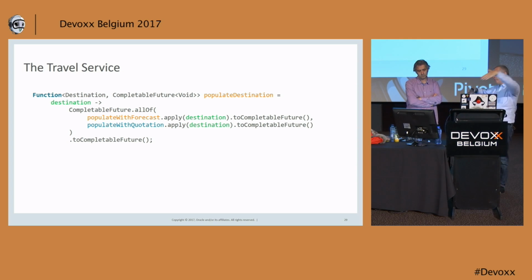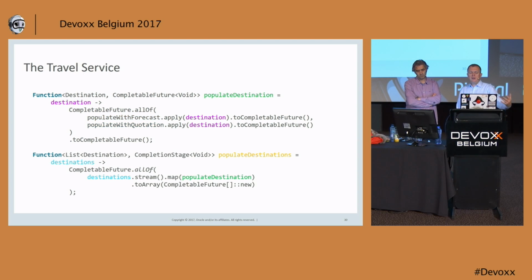We are on the 2 then 1 branch of the graph we just drew a few minutes ago. Right. So this is really our final function: it takes a destination and returns a completable future of void that tells us the destination is completely updated with all the information we need.